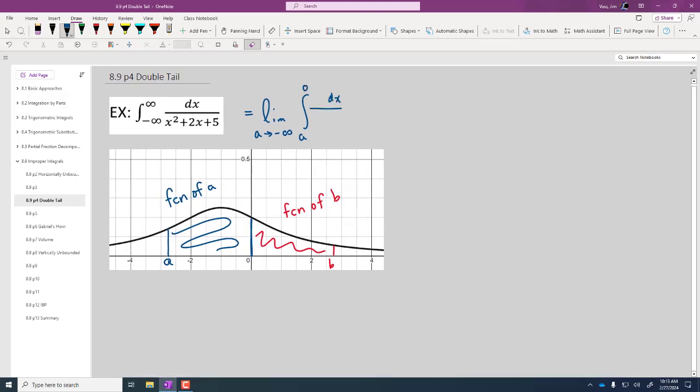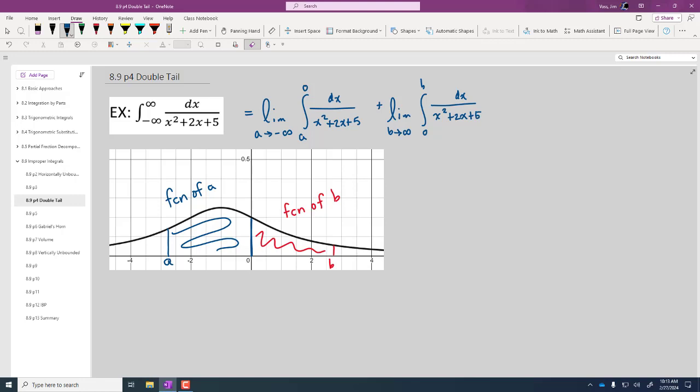And then we have this quadratic in the denominator that's not factorable, so we can't use PFD. So limit as b goes to infinity for the right part, that limit is going to be from 0 to b, and we have the same exact integrand.